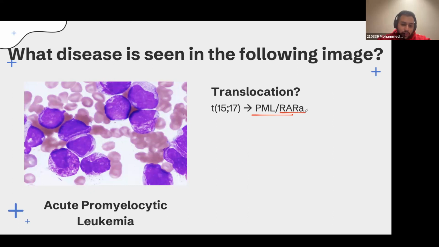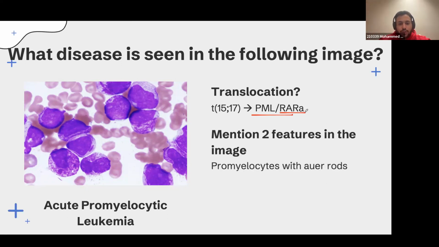Retinoic acid receptor. Good. Now, retinoic acid receptor, it's in the promyelocytes. You need retinoic acid, which is vitamin A, and there's a specific type that you give to these patients to make them differentiate from the promyelocytic phase to the rest. Two features in the image are Auer rods, and then you have promyelocytes as well.